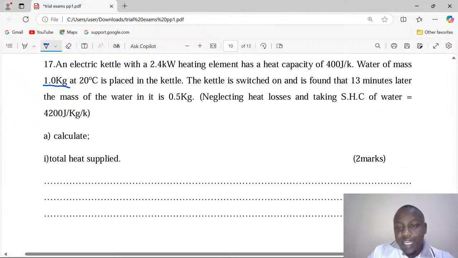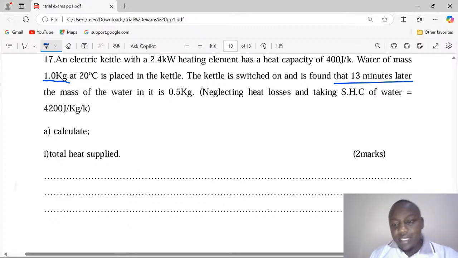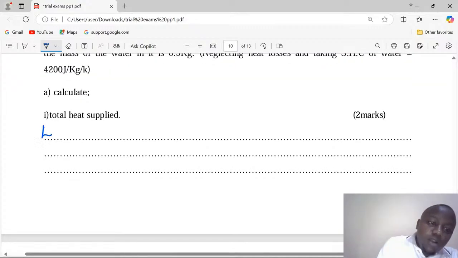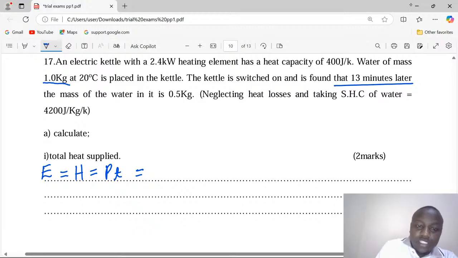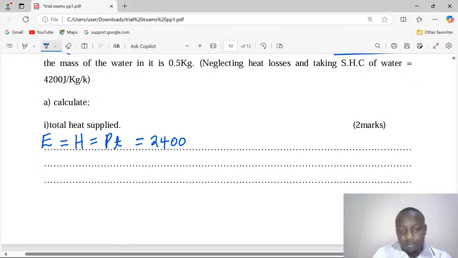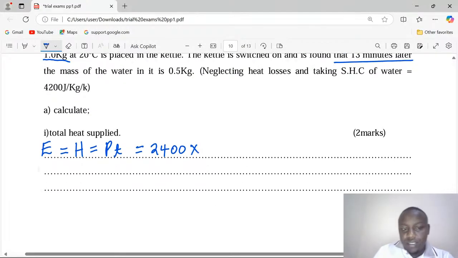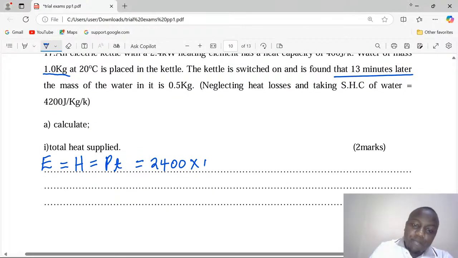We are told that the kettle is switched on and it's found that that is 13 minutes later. So in 13 minutes, there is heat given out. The electrical energy is being converted to heat energy, and it's usually given by power times time. Power is 2.4 kilowatts, which means 2400, times time, which is 13 minutes, but now we have to make it SI units by multiplying by 60.